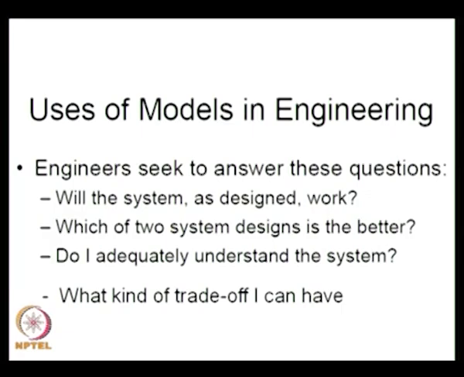Suppose many design alternatives exist, which one will really work? Do I adequately understand the system, and what kind of trade-off can I have? These are the basic purposes of making models. So we need to check whether the system will work, whether we understood the system completely, whether we can choose between two models, or whether we can have a trade-off in some aspects. This can be studied using engineering models.